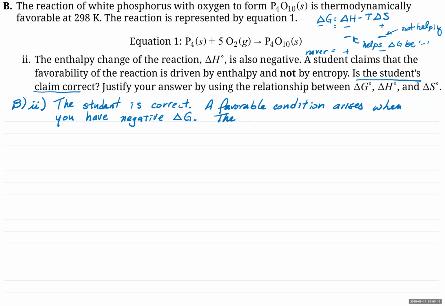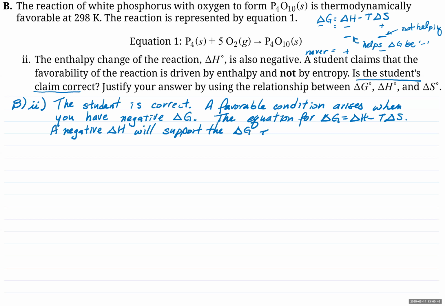The equation for delta G equals delta H minus T delta S. A negative delta H will support the delta G to be a negative value.